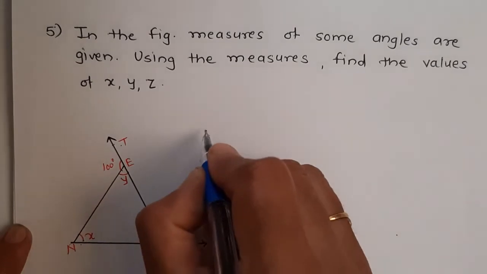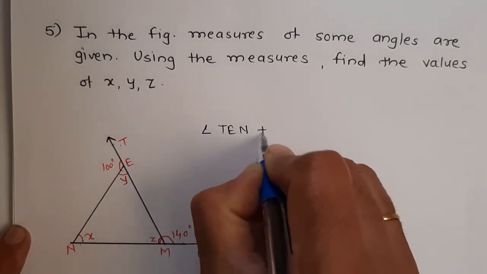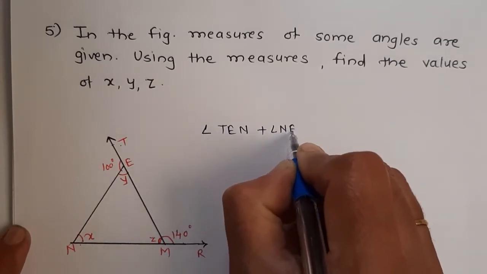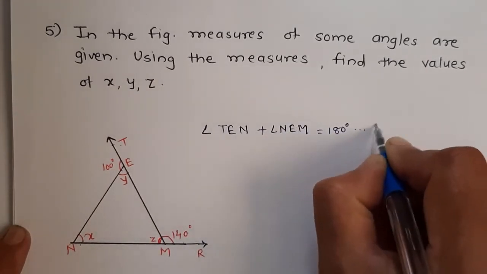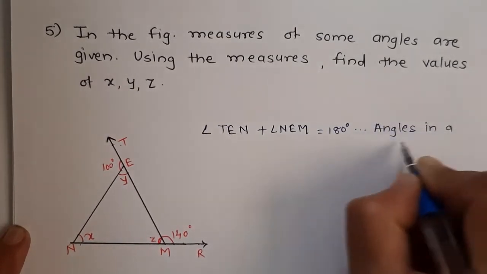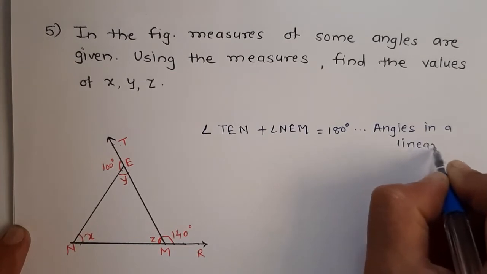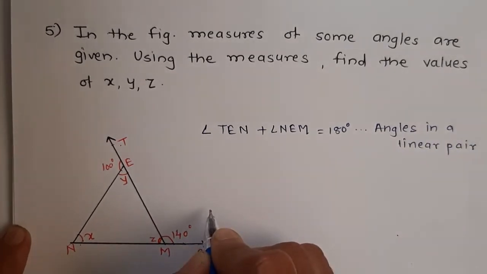So we can write angle TEN plus angle NEM equals 180 degrees, because these angles are in a linear pair. As we know, the sum of the angles in a linear pair is 180 degrees.